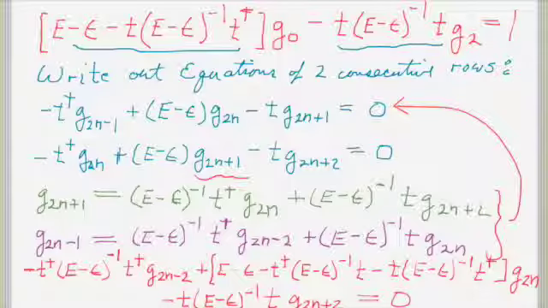So we've integrated out, in general, every other site by doing this. So this gives a renormalized equation for G2n, and G2n is now coupled to G2n minus 2 and G2n plus 2. And the coupling is through these energy-dependent coupling elements that have this form of T E minus epsilon inverse T, or T dagger E minus epsilon inverse T dagger, or E minus epsilon inverse T dagger.